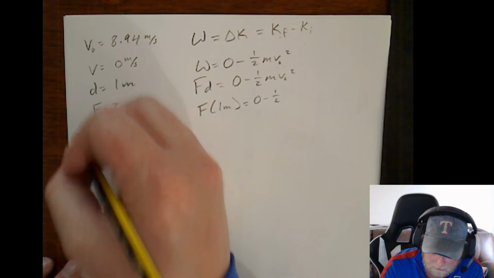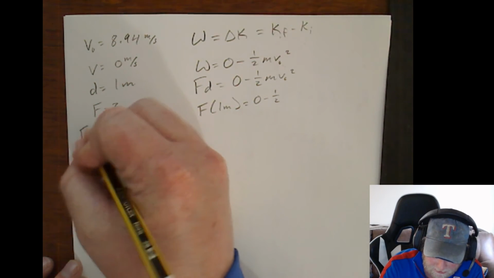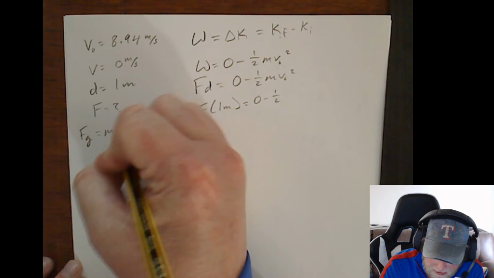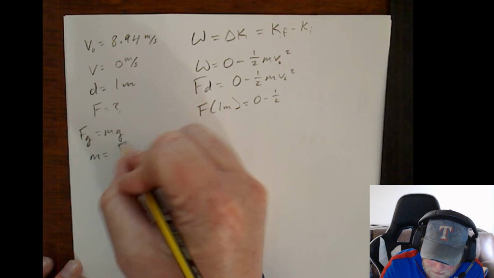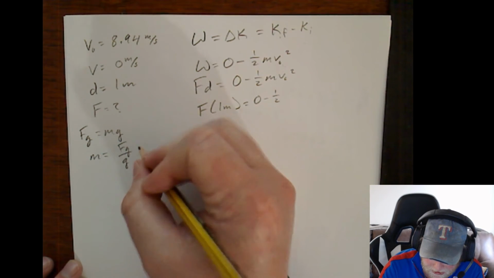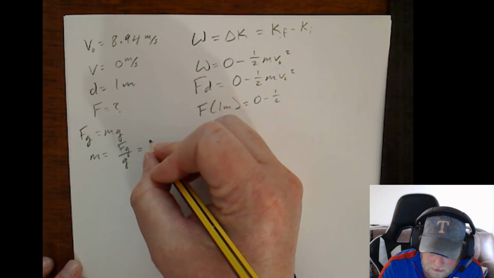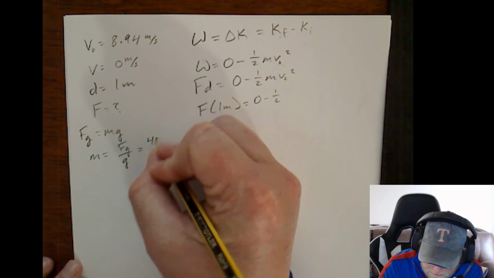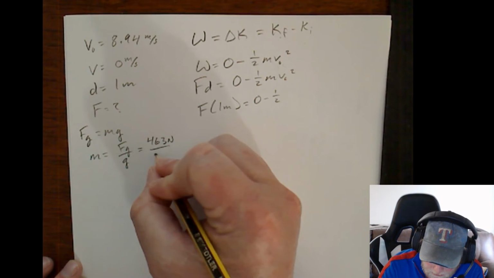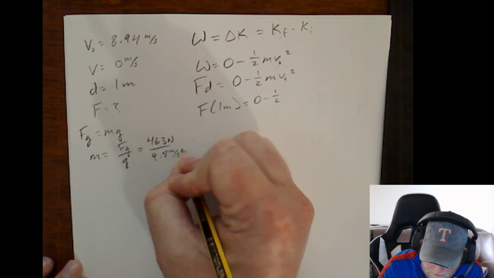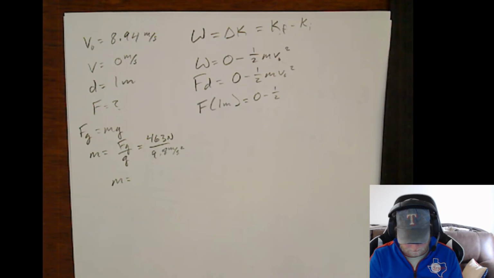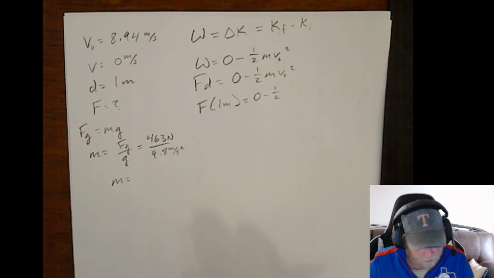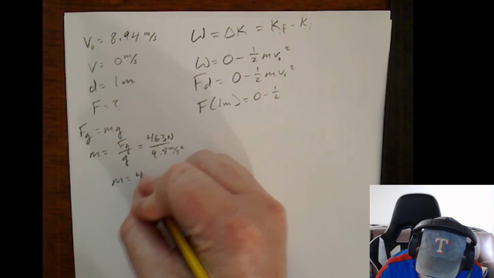Although before that, we're going to need to know the lady's mass, right? They gave us her weight. So mass would be force of gravity over g, which would be 463 newtons over 9.8 meters per second squared. So the mass of the woman is 47.2 kilograms.